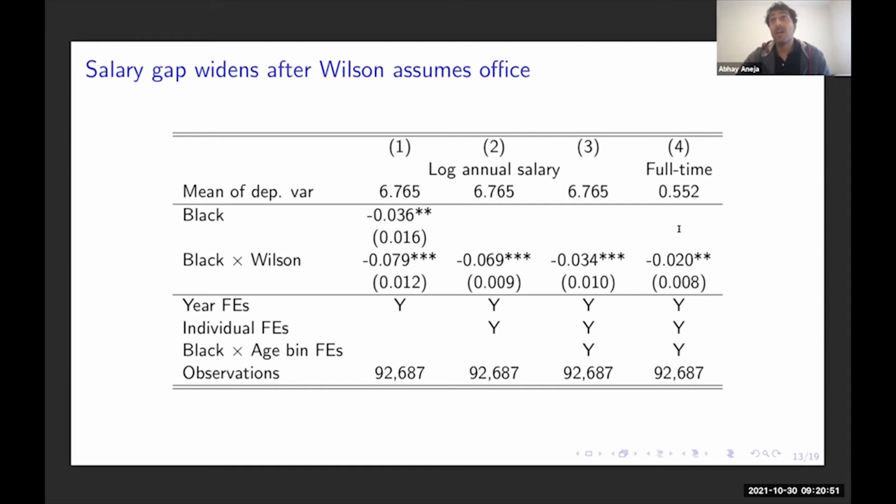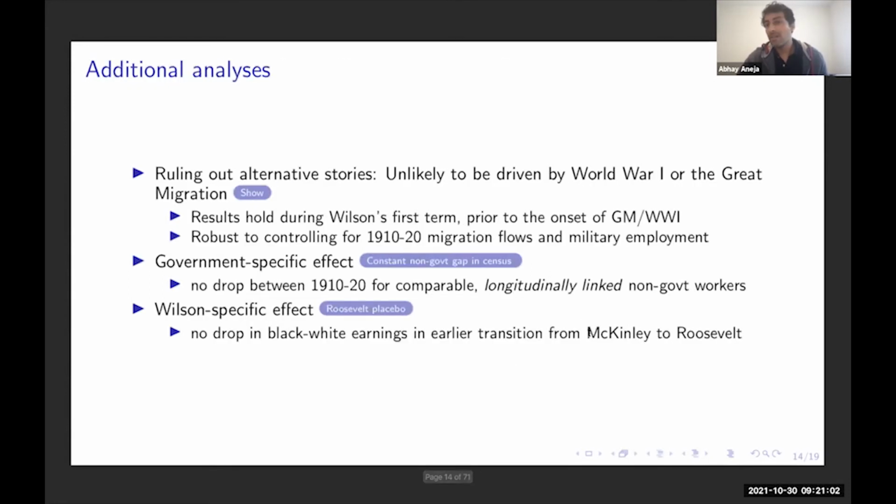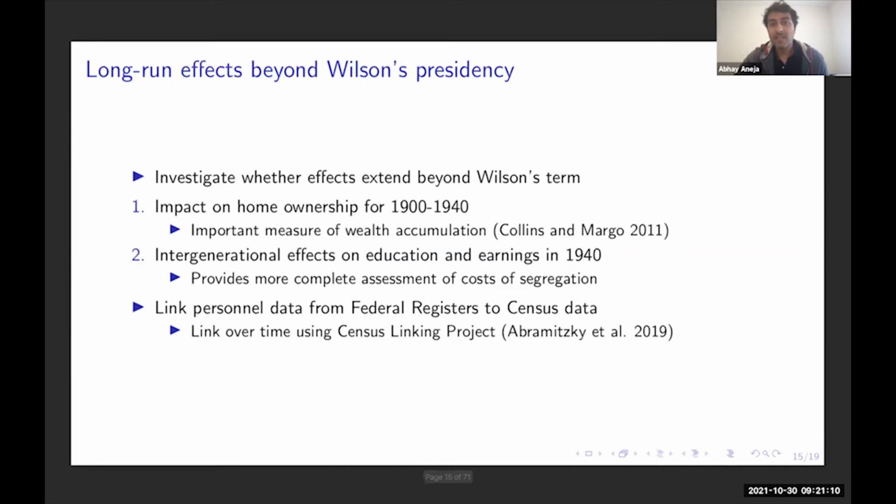We also see some amount of what we might think of as occupational downgrading. Black Americans are about 2 percentage points less likely to be employed full time as well. We do a number of robustness checks that I'm happy to talk about offline or in the Q&A. But I'll spend my last few slides just talking a bit about the long-term effects.